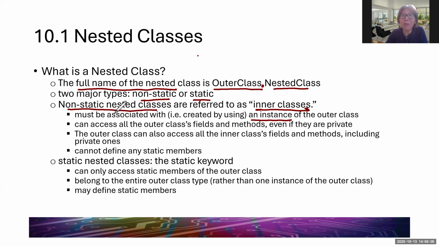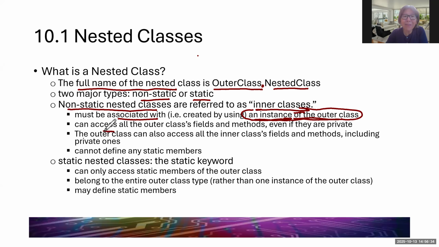However, it must be associated with an instance of the outer class, so we need to be careful here. It's not like a static class, just the class itself. Here it must be associated with an instance.